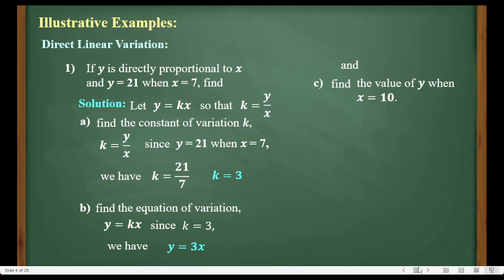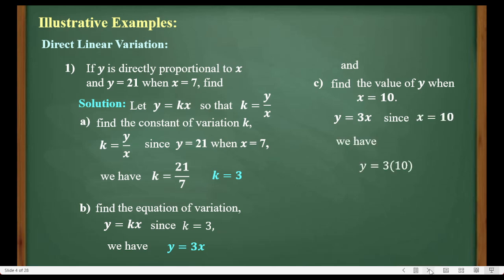Now for letter C, which is finding the final value of y when the final value of x is 10, we just simply use the equation of variation that we have just formed for letter B. We plug in the value of x from this equation in order to solve for the required unknown.